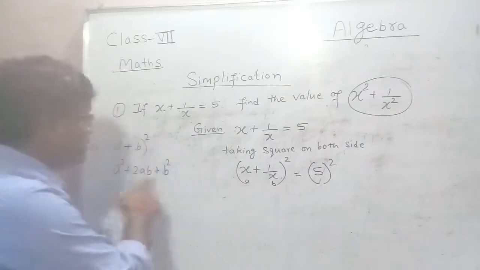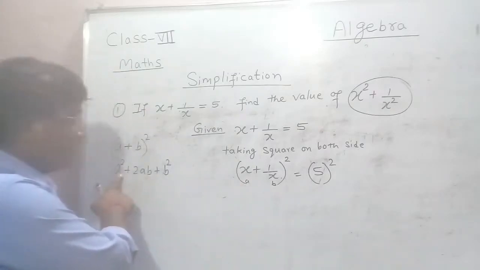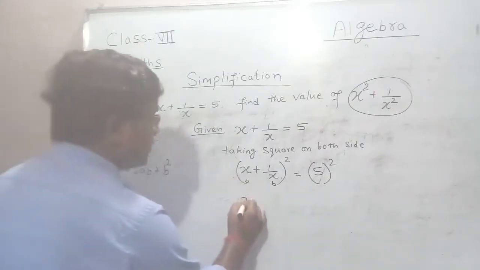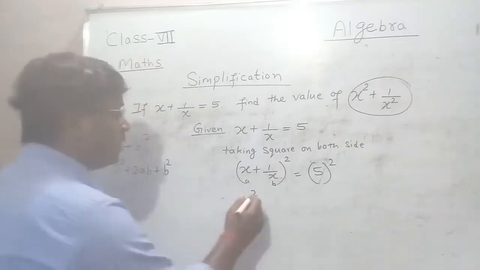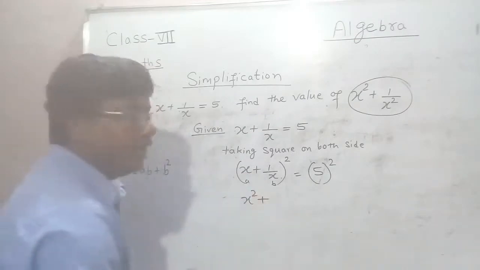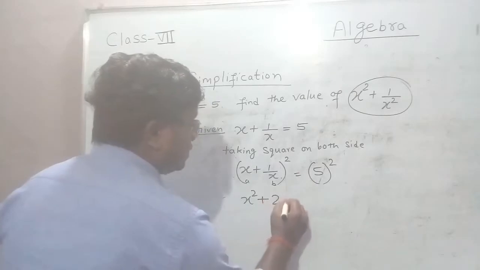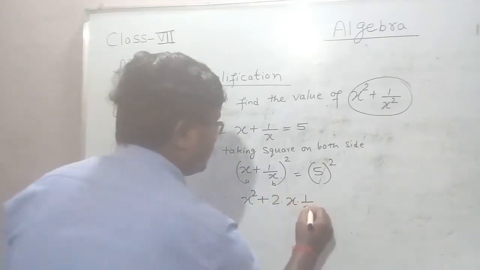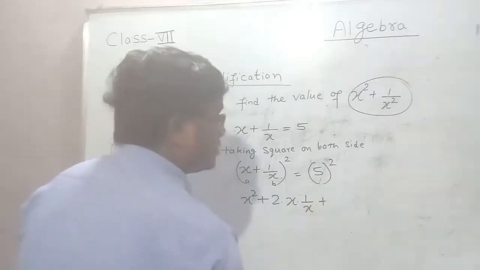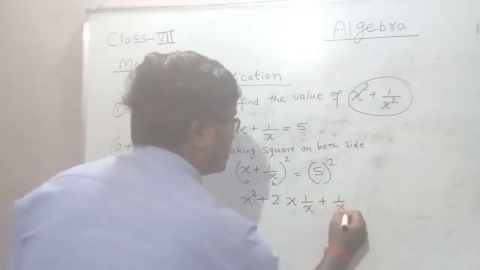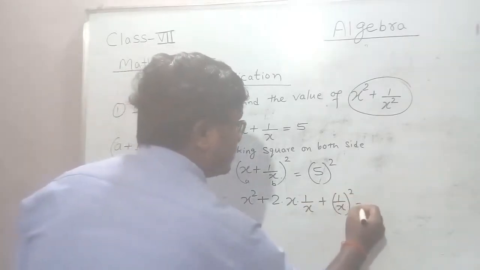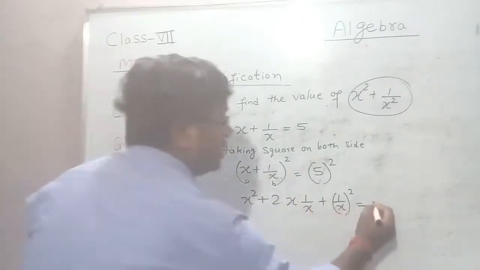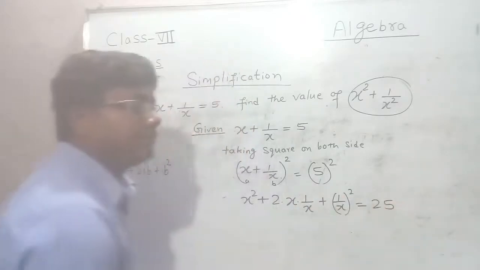In place of a there is x, so x square, plus 2ab, that is 2, a is x, b is 1 upon x, plus b square is 1 upon x whole square, is equal to 5 square, which is 25.